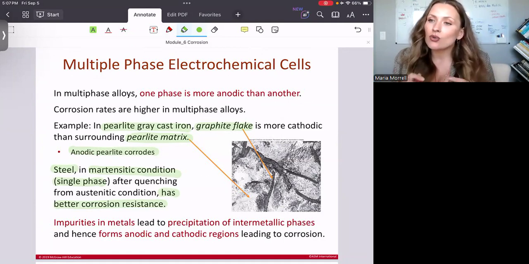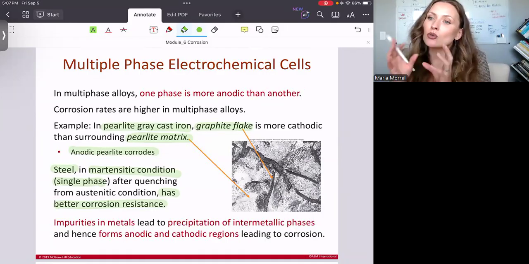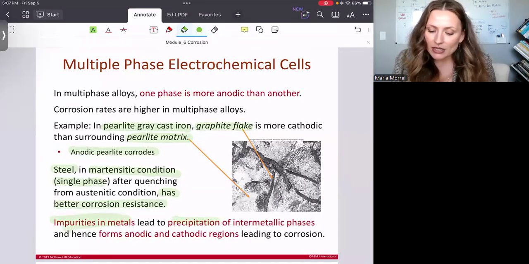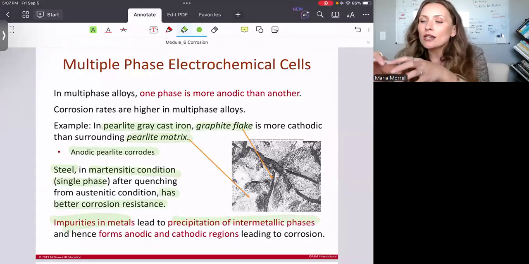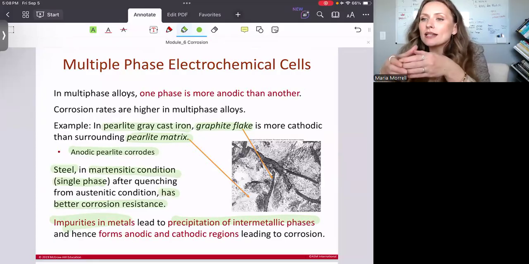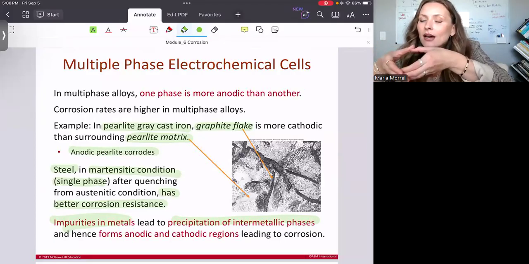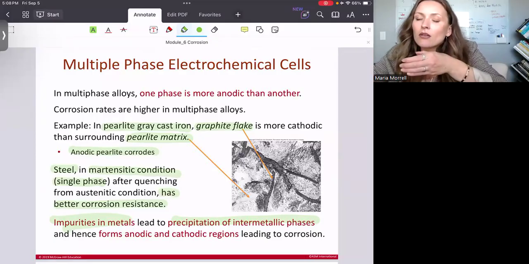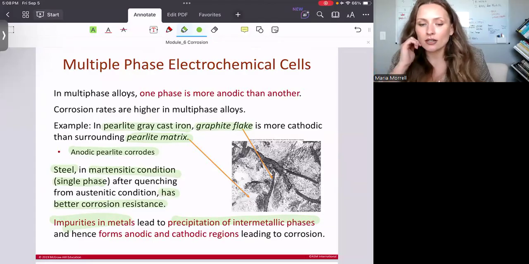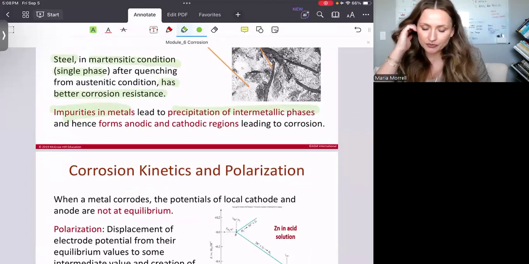And whenever you have, let's say, certain impurities in metal that can also precipitate out of the metallic phases, right? Whenever you have this segregation, you have certain impurity that traveled and made an island next to a metal. Right away, you will end up with cathodic attached to anodic, and you're going to have an electrochemical cell.